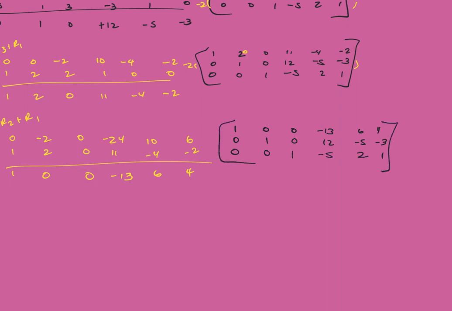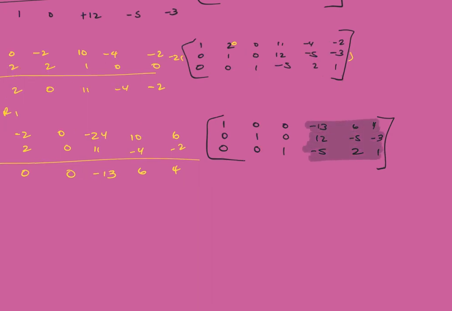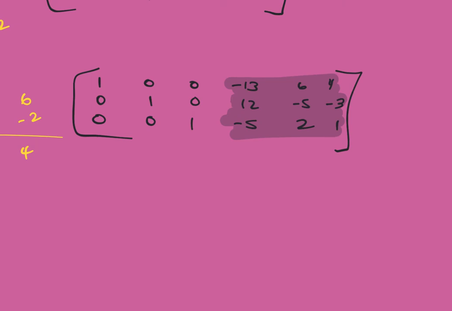And then the right side of this is your inverse. It should be negative 13, 6, 4, 12, negative 5, negative 3, negative 5, 2, and 1.